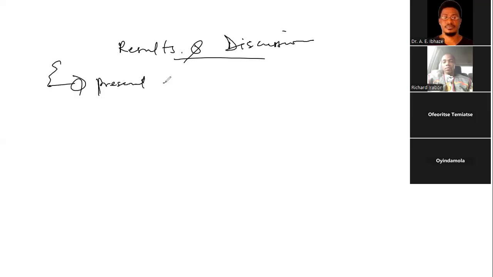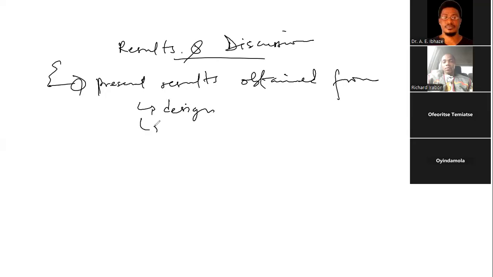We present results obtained from the design, from simulations, and also from experiments.